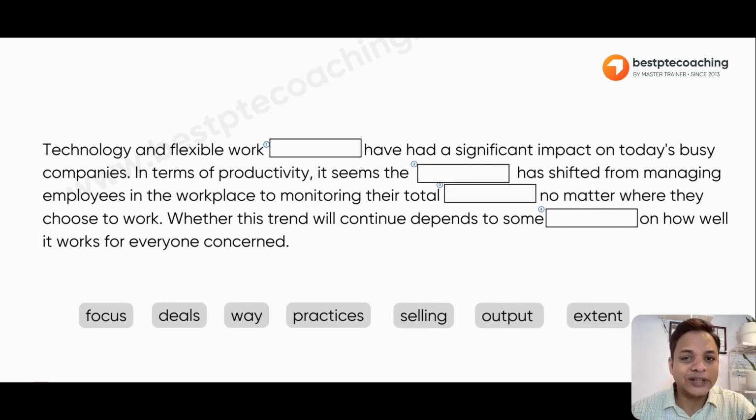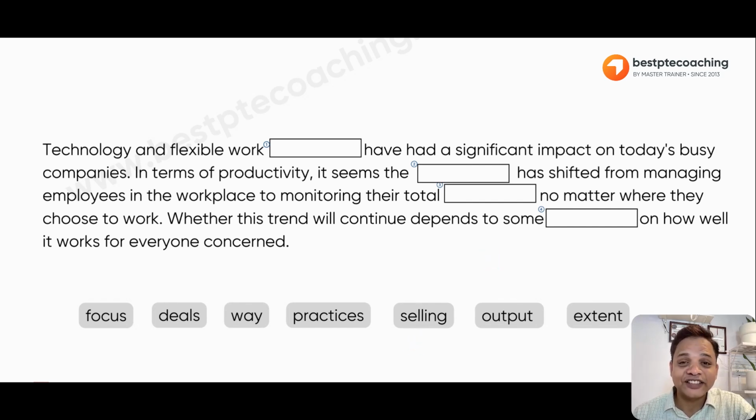So you read the sentence. From this sentence, either a verb is missing, generally a noun, an adjective, an adverb, or a conjunction is missing. Situationally, what is the correct word? Technology and flexible work, blank, have.